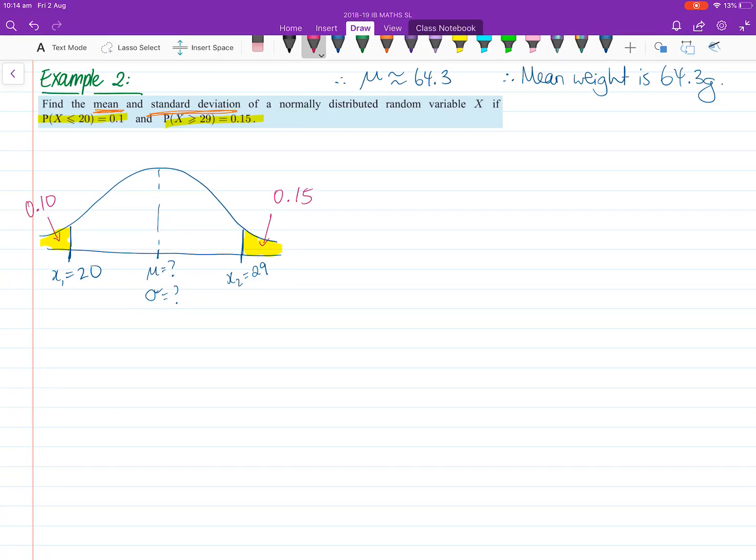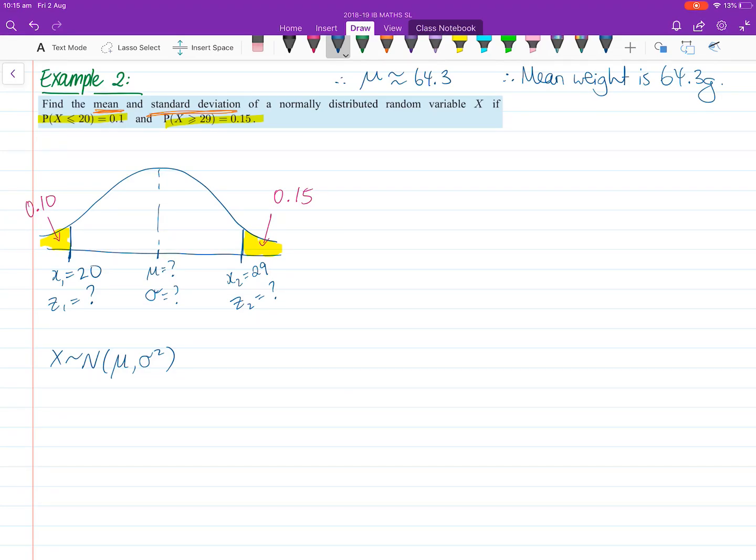Okay, so we need to work out, if we convert it, what's Z1, and what's the equivalent of Z2, what's the Z score that represents that position there. So we've got X normally distributed, mu, sigma squared, we need to find mu and sigma.